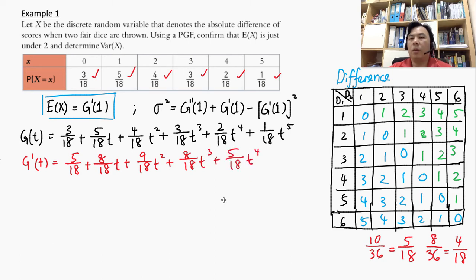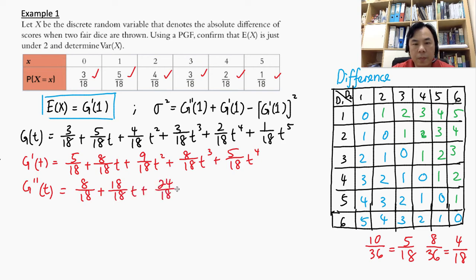Okay, this is our first derivative. Now next we're going to get our second derivative here. It shouldn't be that tough. Just have to be consistent in this case. All right, and then there you have it.